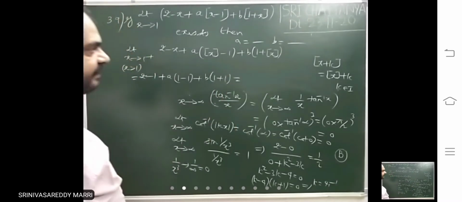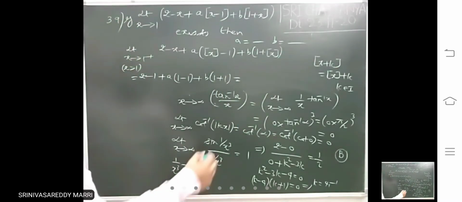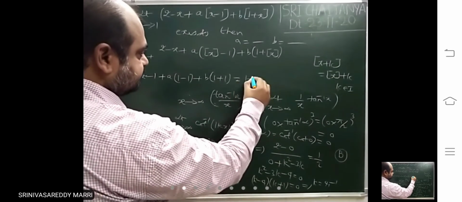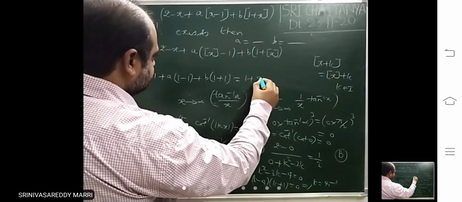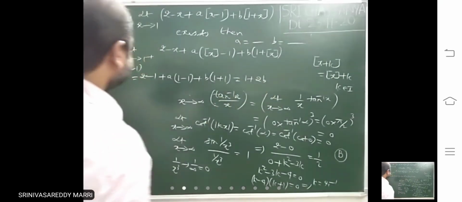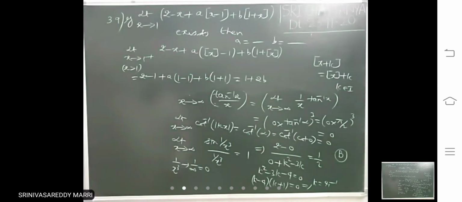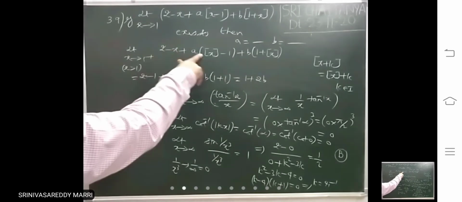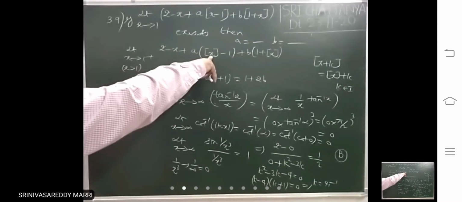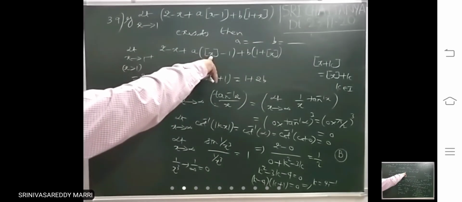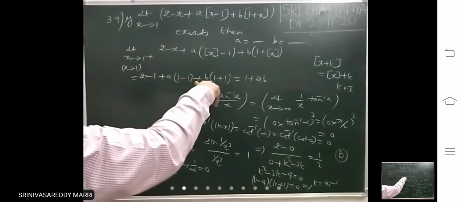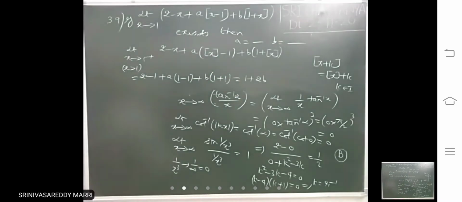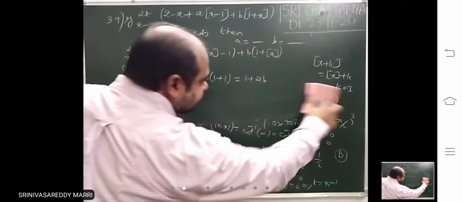This will become 1 limit. So that means you will get 1 plus 2b. So this is right hand limit. If x greater than 1, the remaining you will substitute x equal to 1. In step x, limit x tends to 1 plus, step x is nothing but 1.001 means 1. So next, left hand limit.